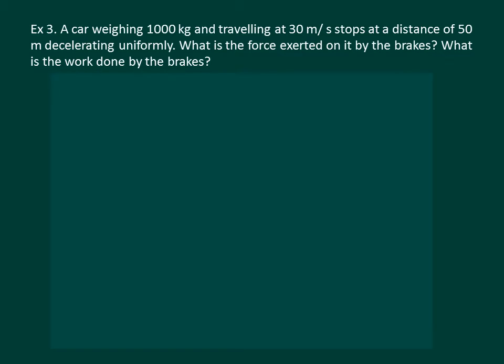Now read the question. A car weighing 1000 kg and traveling at 30 meter per second stops at a distance of 50 meter, decelerating uniformly. What is the force exerted on it by the brakes? What is the work done by the brakes? Here the solution is: in order to calculate the force, we have to find out the acceleration, or we can say the retardation.